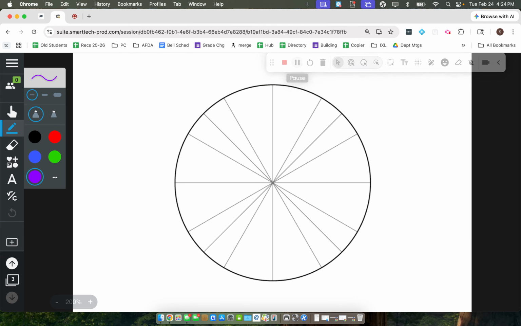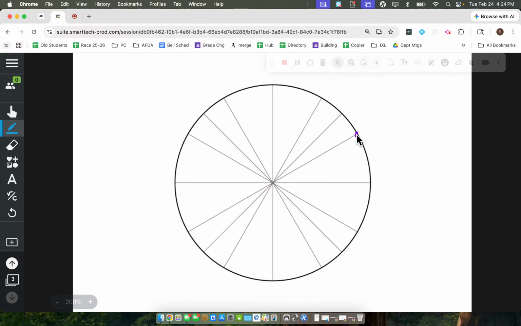These numbers will have a dual identity as being the x and y coordinates of these points that I'm pointing out, as well as the sine and cosine value of the angles that are formed starting from here and rotating counterclockwise, okay? So first stop.